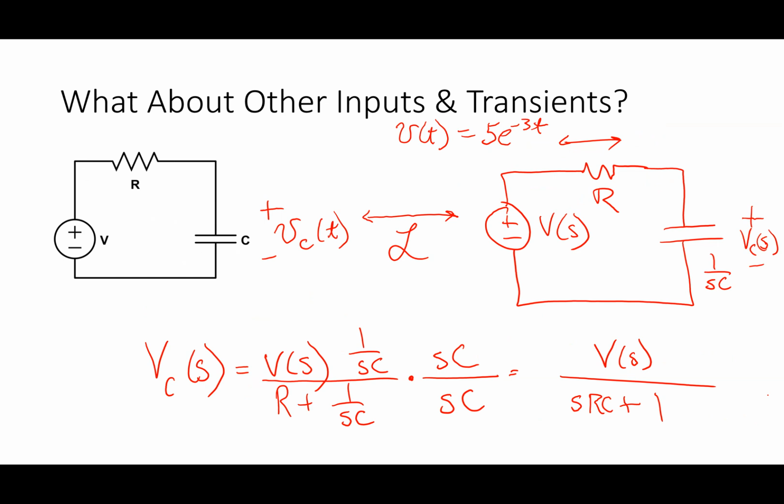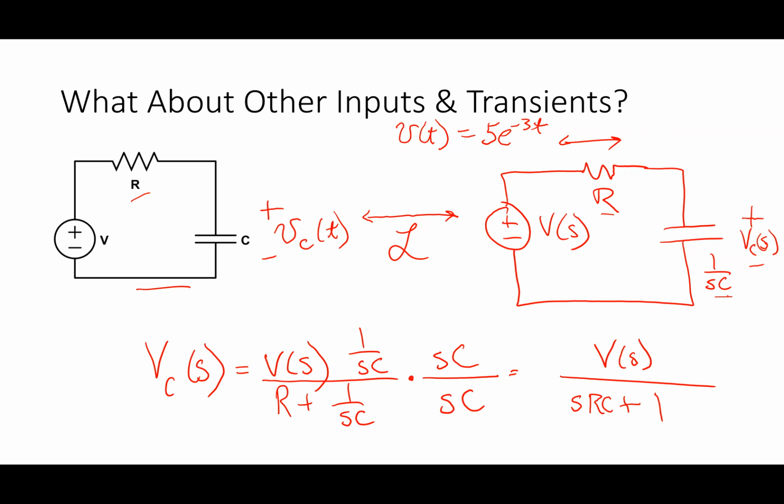And I went through this example the other day, and I said, instead of writing out the differential equation, let's go to the Laplace domain. So I took the circuit that I had here and mapped that over to the Laplace domain, and I replaced the resistor with its Laplace impedance, which is simply R, and I replaced the capacitor with its Laplace impedance, which is just 1 over SC.